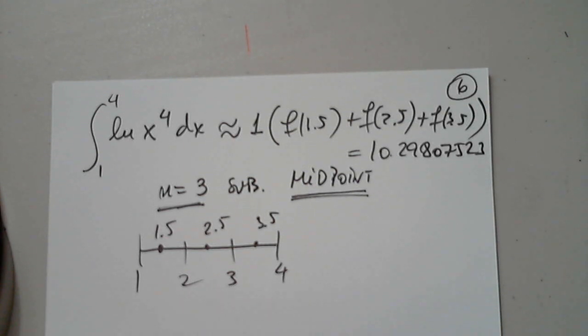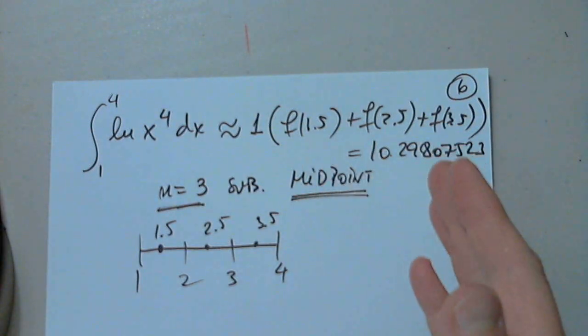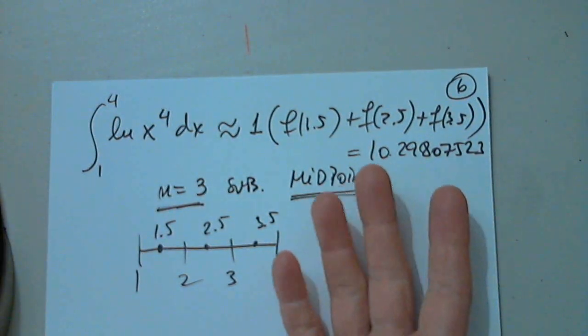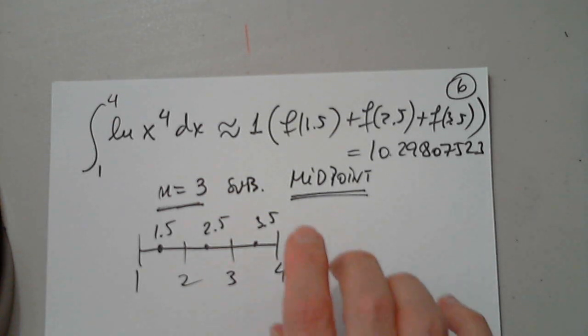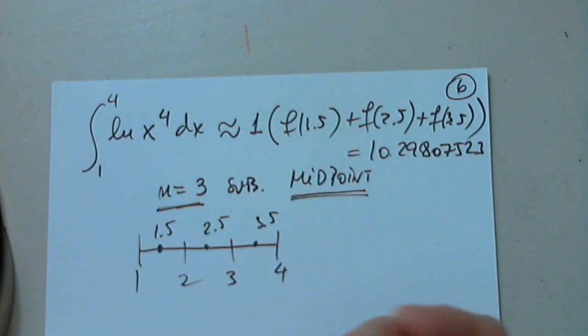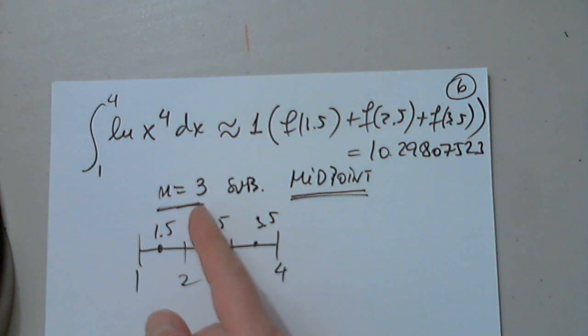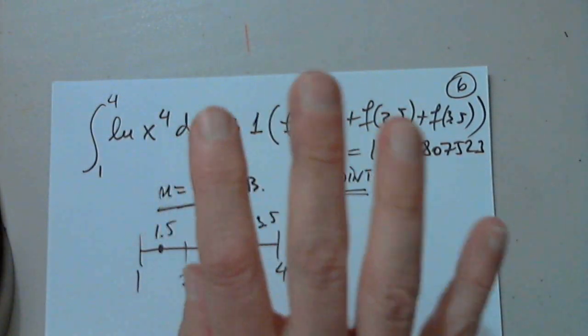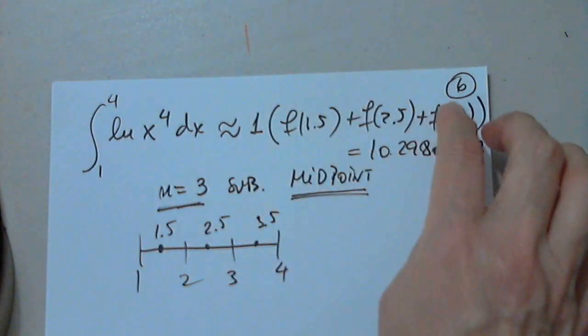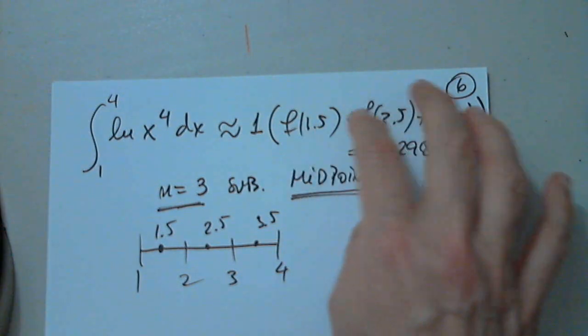In these situations, we have other methods, of course, but we are not discussing them in Calc 1. Of course, the approximation would have been much better if I had chosen 9 subintervals, for example, and so forth. But I'm not trying to torture you. 3 subintervals is good enough. All I wanted to see is the method.